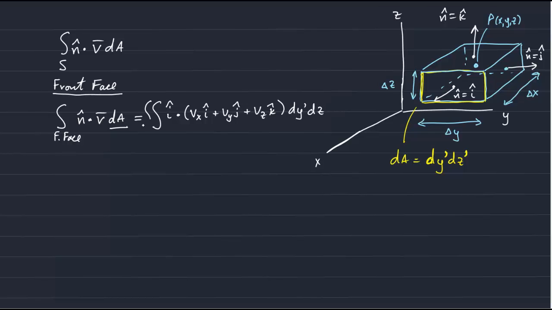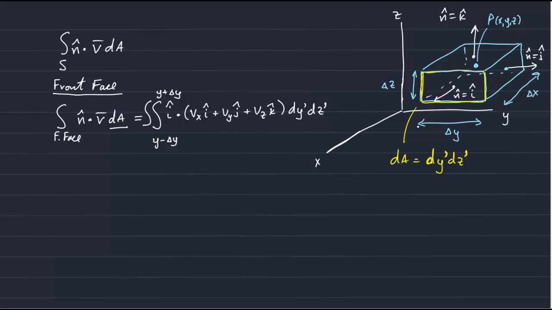because those are going to be our dummy variables of integration, and we're going to integrate over dy from y minus delta y over 2 to y plus delta y over 2.